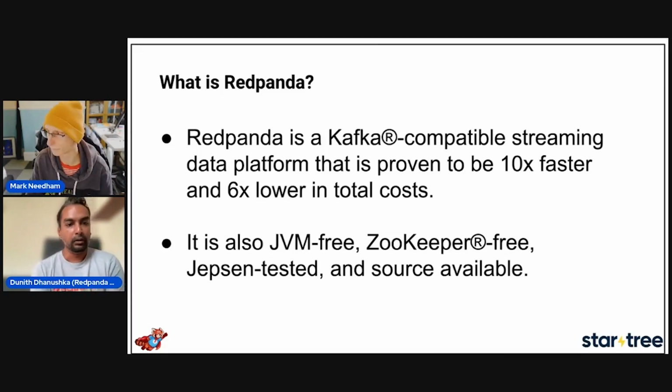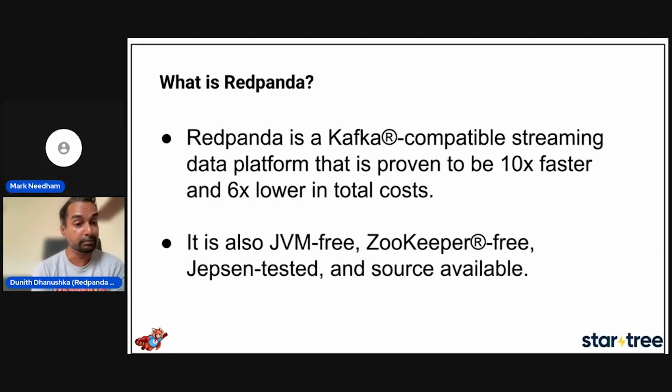Although Redpanda and Kafka behave similarly, there are drastic differences in the architecture. First off, Redpanda is written in C++ and it leverages the Seastar framework for most of its operations.